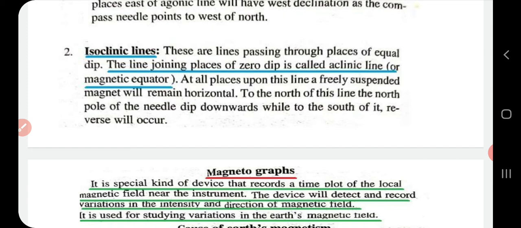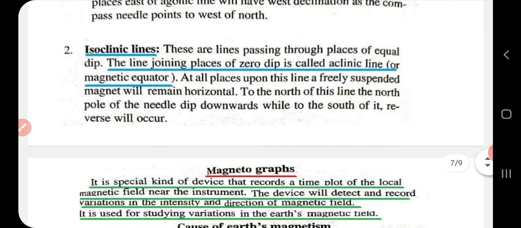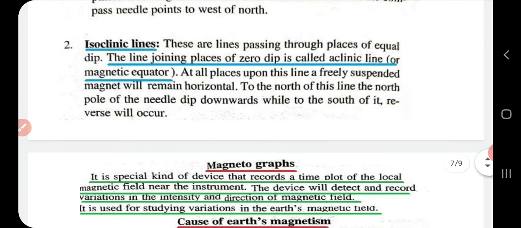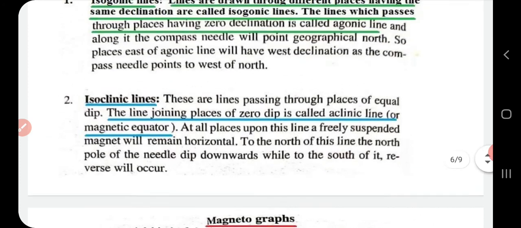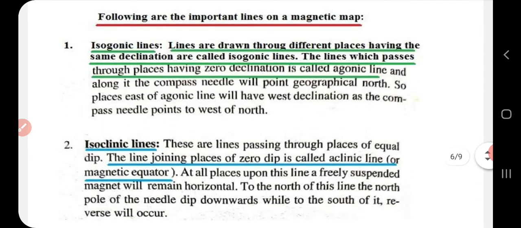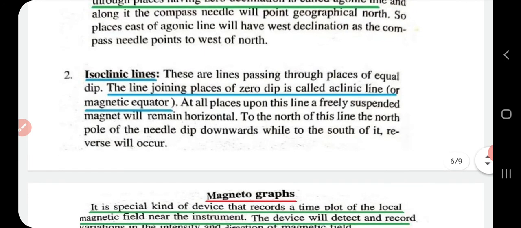To the north of this line, the north pole of the needle dips downwards, while to the south of it the reverse will occur. So here you have to study what is the isoclinic line, what is the aclinic line, and how a freely suspended magnet behaves when placed on an aclinic line. So there are four definitions: isogonic line, agonic line, isoclinic line, aclinic line.